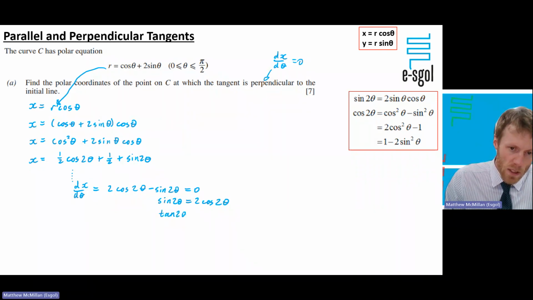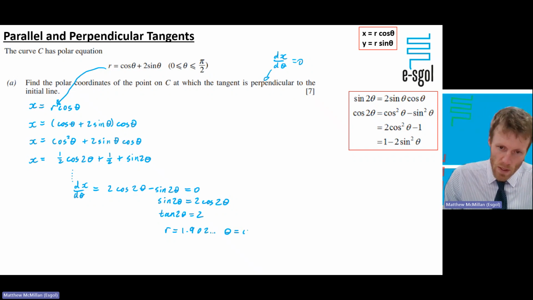We get tan 2 theta equals 2. If you do go ahead and sort this out, you get r equals 1.902, and you get theta as equal to 0.5535. Okay, so your coordinates would be 1.90 and 0.554. So 3 significant figures.